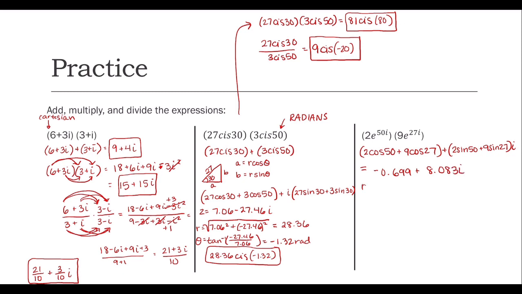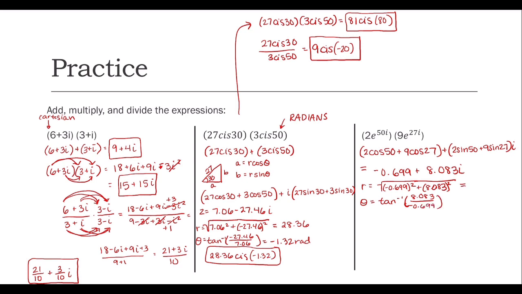So we can find our radius, which is the square root of 0.699 squared plus 8.083 squared. And our theta, which is the inverse tangent of our b value over our a value.